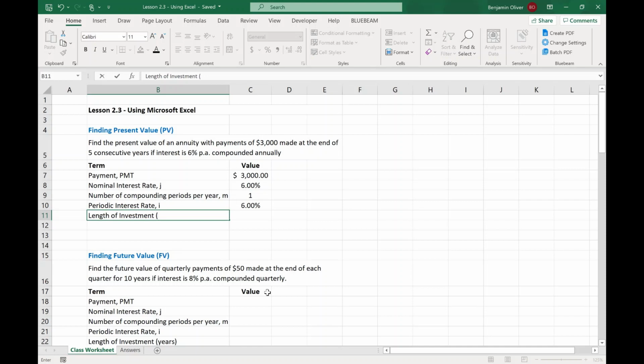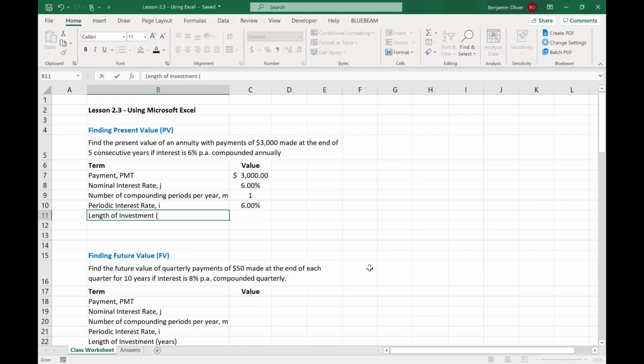When we found our total number of compounding periods, it was always our length of investment in years multiplied by M, our number of compounding periods per year. So anytime we're looking at one of these, I have formulas here and variables for each one. You need to specify what those units are, because somebody could come into this formula and think, oh, I have an investment for 26 months, so they might try and write 26 here.